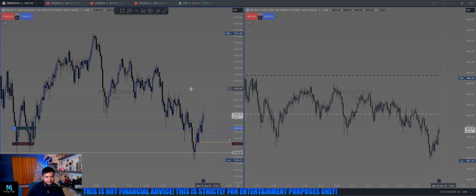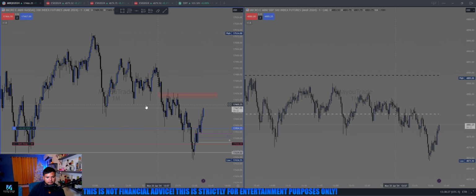This one right here. This is what I want to grab. Best case would be this top here, but I just kind of wanted to go into this area. So I'll take one off here, and then I'll move one to break even, and I'll try to get this top or one of these, depending on how we move. We're moving pretty nicely up to the upside, so.